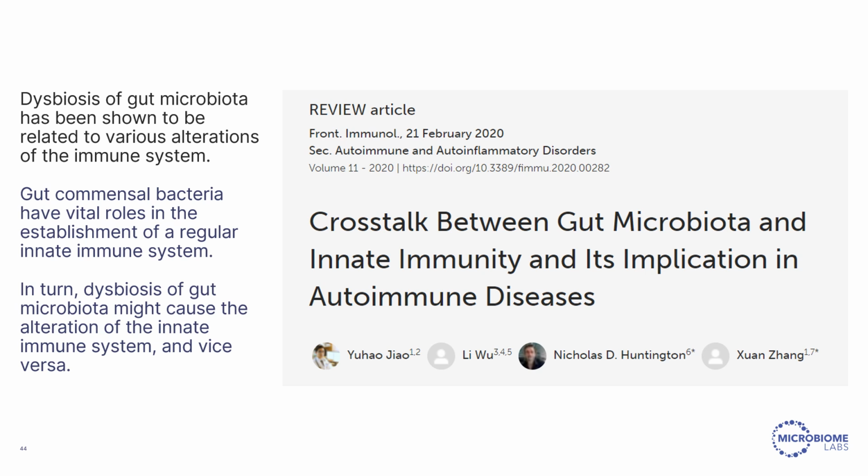Gut commensal bacteria are known to have many vital roles in the establishment of a regular innate immune system. So in turn, dysbiosis of the gut microbiota can cause an alteration in innate immune system function, structure, and support.